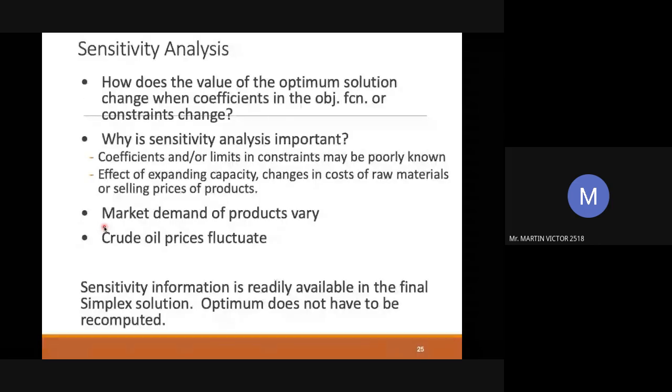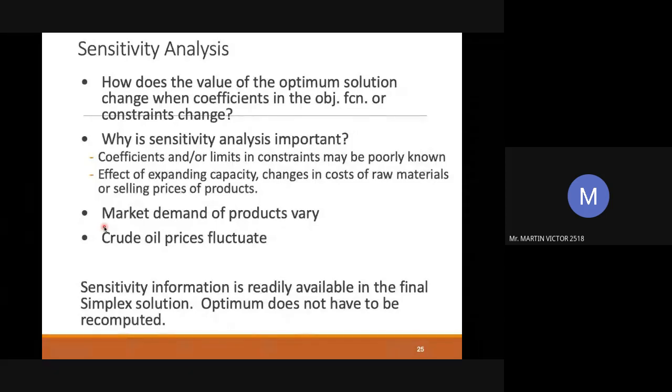So, in continuation to that, how does the value of the optimum solution change when a coefficient in the objective function or the constraints changes? Why is it important? The coefficients and limits in the constraints may be poorly known.